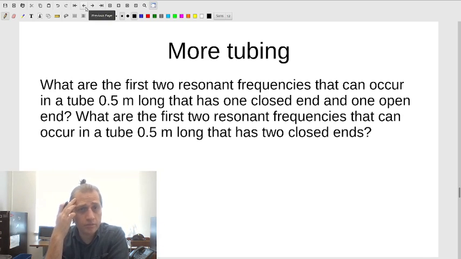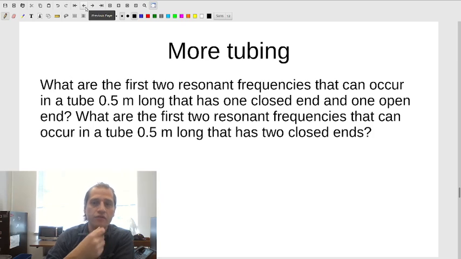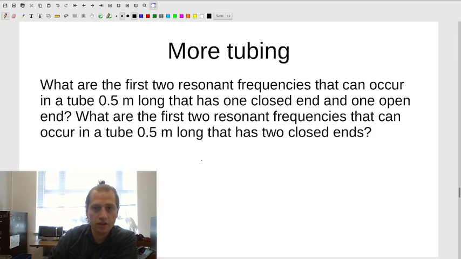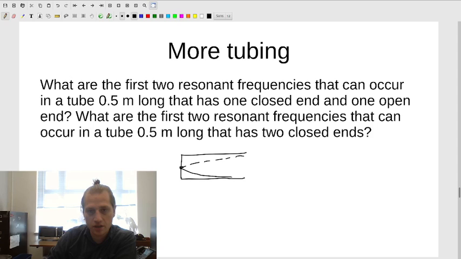Okay, here's one last question on tubes. It asks, what are the first two resonant frequencies that can occur in a tube 0.5 meters long that has one end closed and one end open? Okay, so in this one, if you have one end closed and one end open, this would be 1/4 of the possible wavelength, and that would be 0.5 meters.